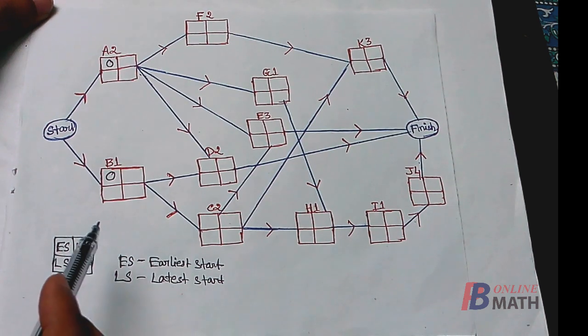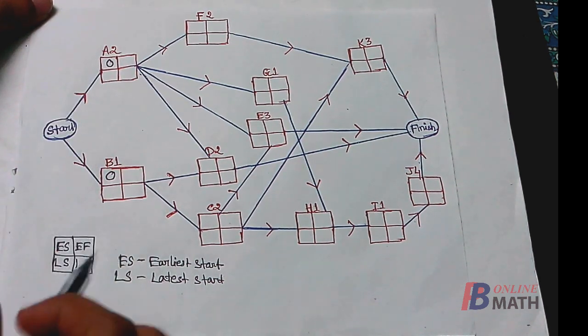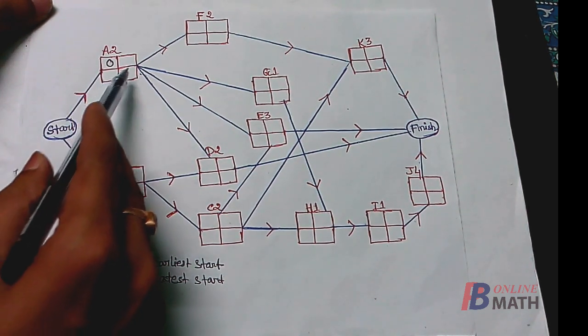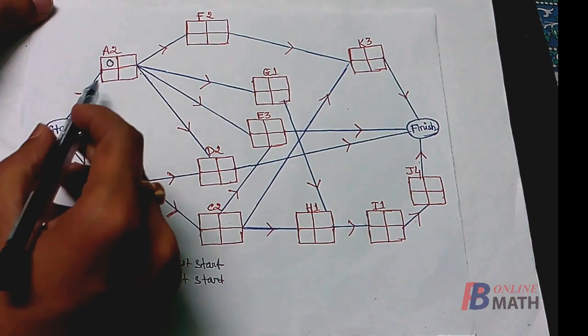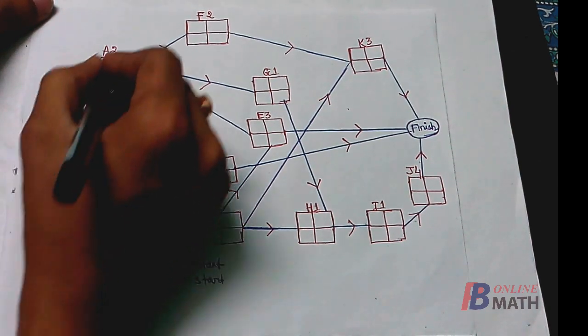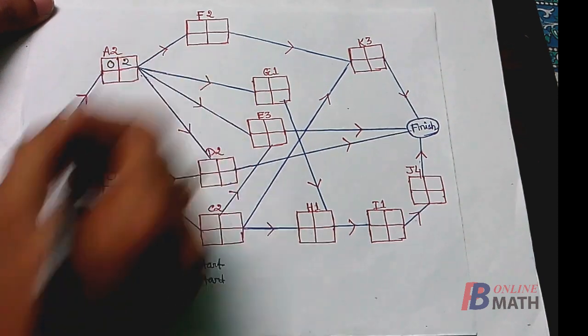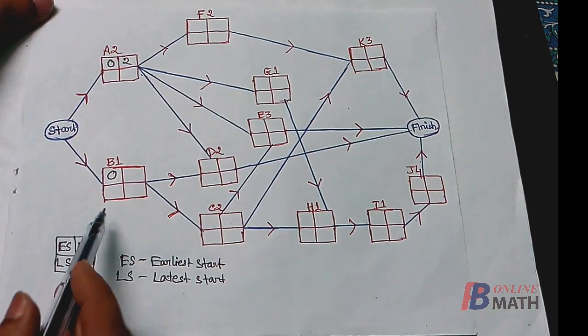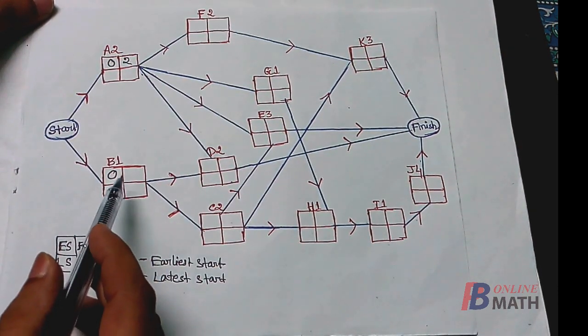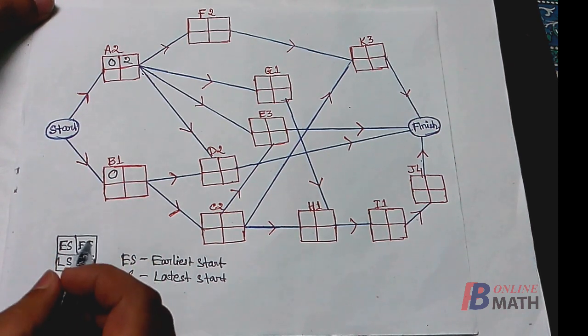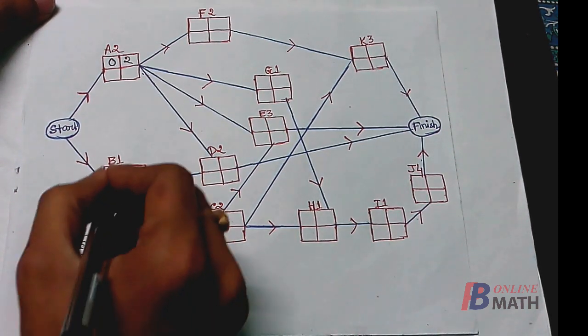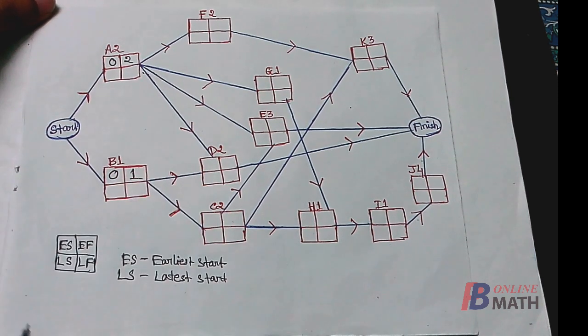So 0 is the earliest start time of the activities A and B. Now the activity A requires 2 weeks. So what is the earliest finish time? It requires 2 weeks. So 2 is the earliest finish time of the activity A. Consider the activity B. It requires only 1 week. So the earliest finish time of the activity B is 1.